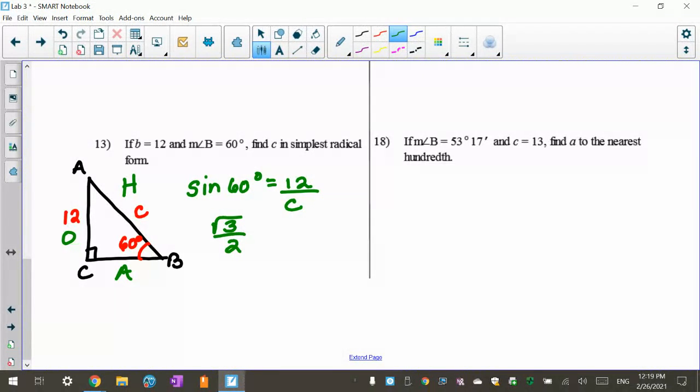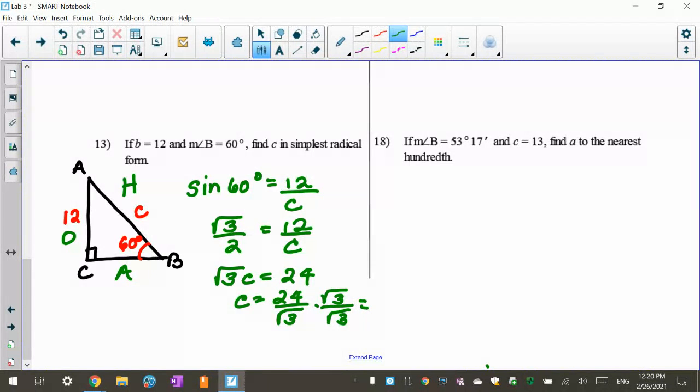I know you can put that in your calculator, but I want you to use the exact value on your table. That's going to be equal to 12 over c. Then I'm going to cross multiply. Radical 3 c equals 24. c equals 24 divided by radical 3. Don't forget that we have to rationalize this, so we're going to do radical 3 over radical 3.